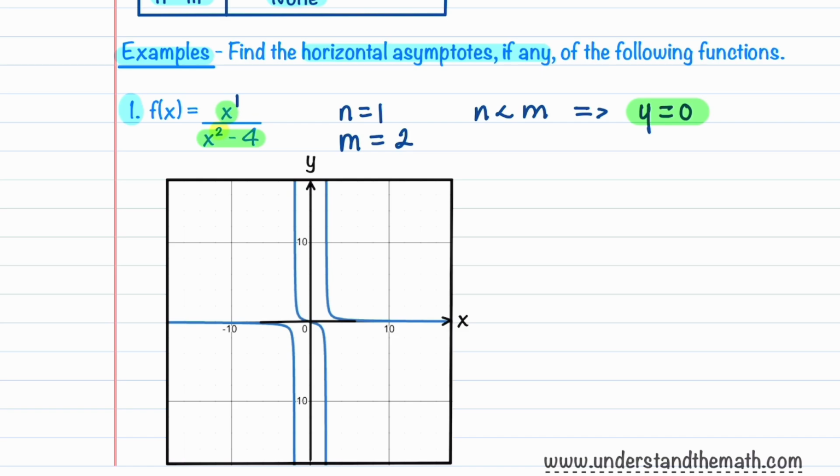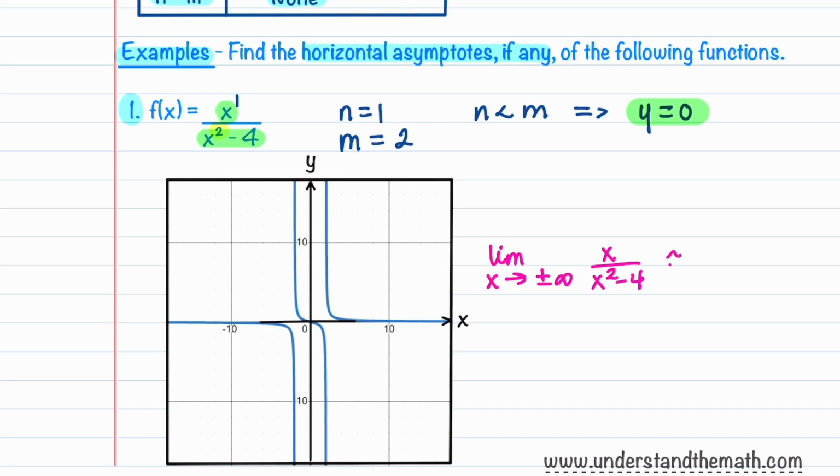A horizontal asymptote just describes what's happening to the function as x gets really large or x gets really small. Mathematically, we're going to write this as the limit as x goes to plus or minus infinity of our function, x divided by x squared minus 4. Now, as x gets really large, it's going to be much bigger than a constant.